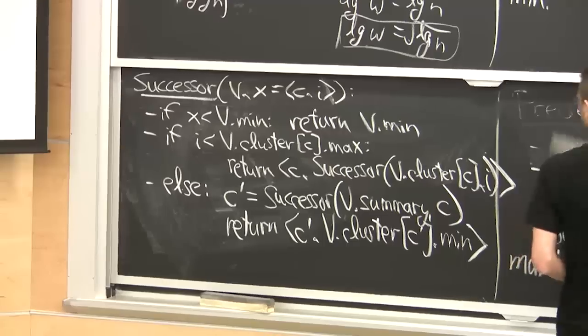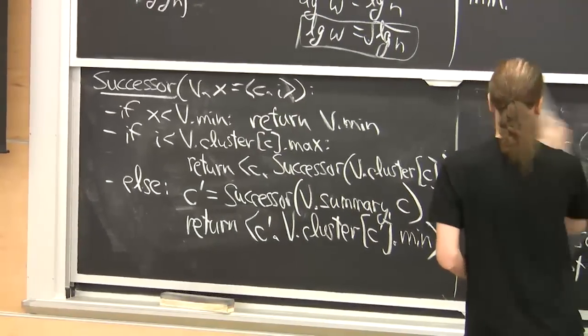Okay, so we'll start with the successor code. Predecessor is, of course, symmetric.